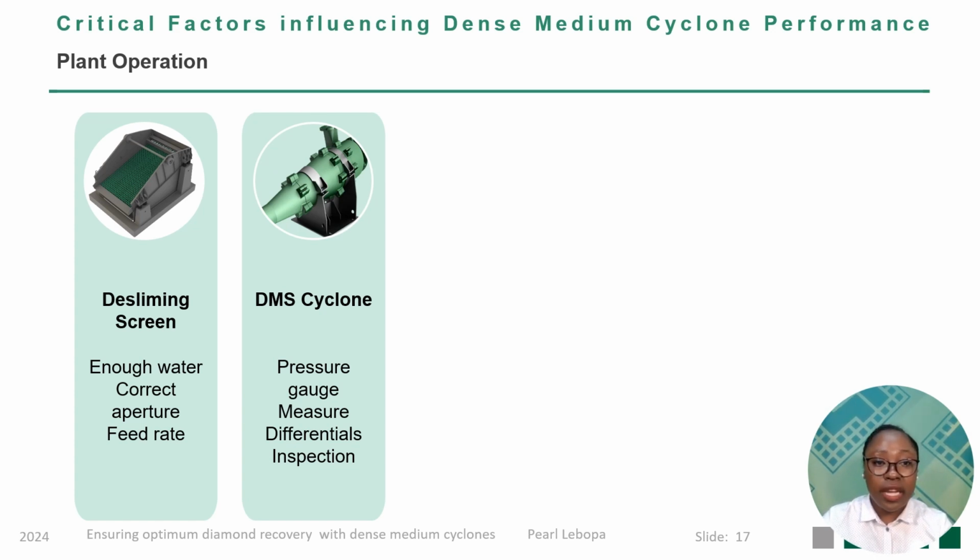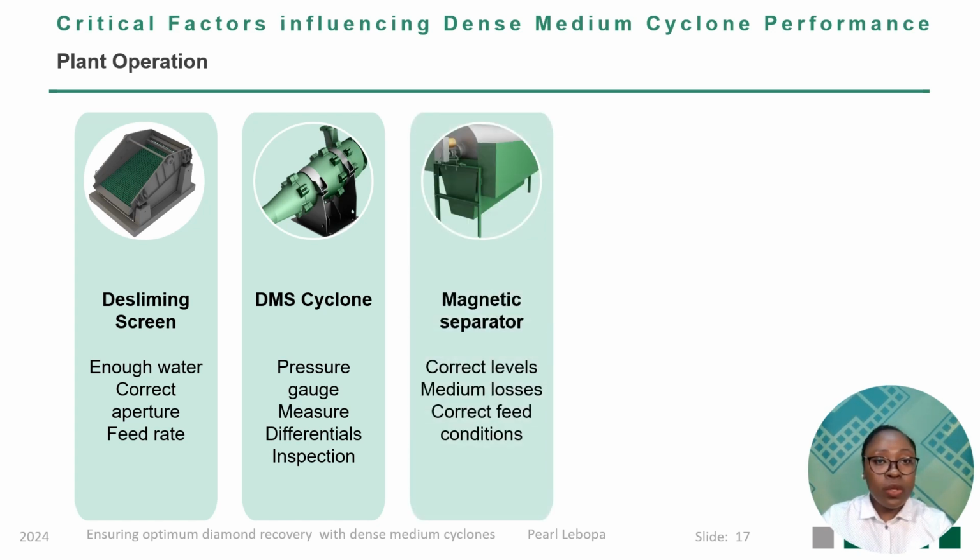Measuring your differentials could be one of the inspections one can do on your DMS cyclone. Looking at the third equipment, which is your magnetic separator, the correct levels need to be used in your magnetic separator. The medium losses need to be minimized. The correct feed conditions have to be used into the magnetic separator.